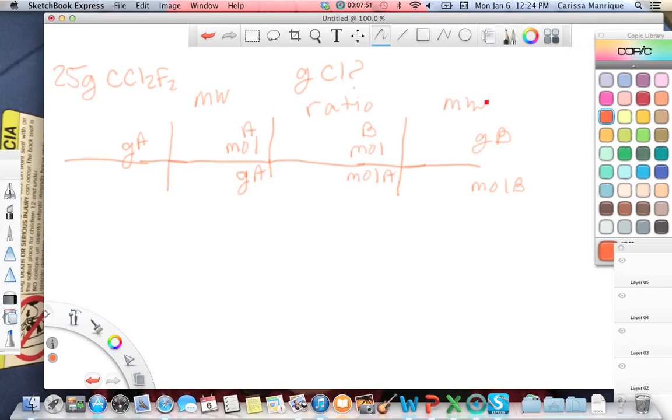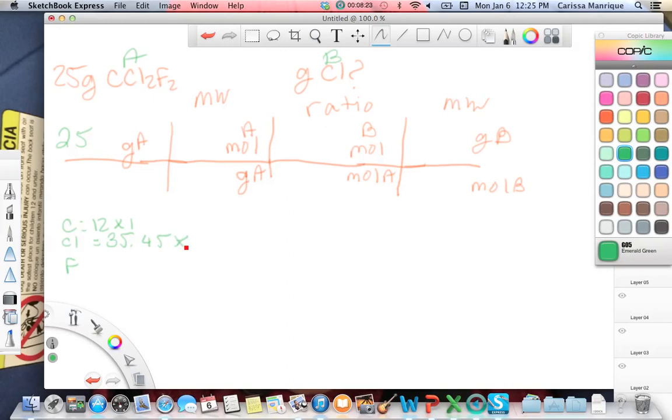Okay, so let's just start doing this. Let me change the color. We have 25 grams of A, because I'm going to say this is A, this is B. Now we need to know the molecular weight of A. So we have a C, we have a chlorine, we have a fluorine. Carbon, there's only one of them. It weighs 12. Chlorine is 35.45.